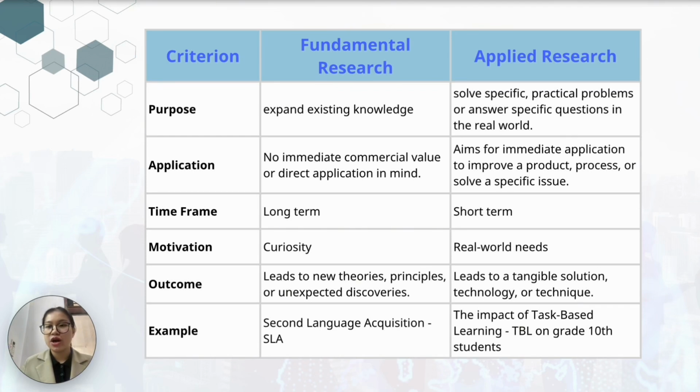Applied research, on the other hand, solves real-world problems. It's short-term, focused on practical use, and leads to tangible results like new methods or technologies. For example, studying the impact of task-based learning on grade 10 students is applied research. In short, fundamental research builds knowledge, while applied research uses that knowledge to create solutions.